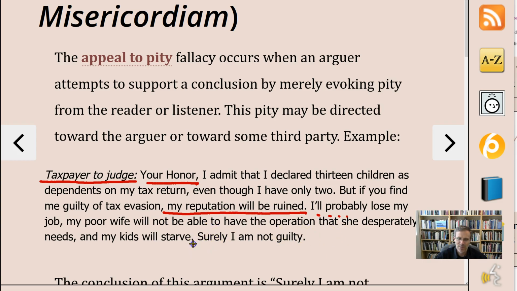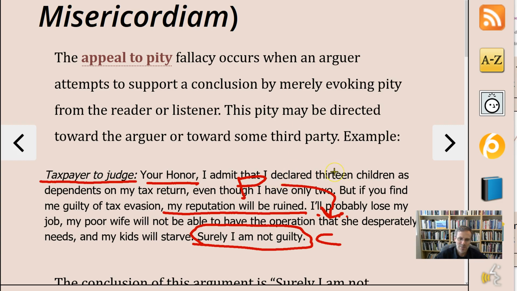if you find me guilty. Surely you will agree that I'm not guilty." So "I'm not guilty" is the conclusion, and all this stuff about the negative consequences to the taxpayer is the premise. Now, if the taxpayer was arguing, "all these bad things will happen to me, therefore you should show me leniency," that may not be a fallacy, because in that case, the taxpayer is arguing from a claim about pity to leniency.